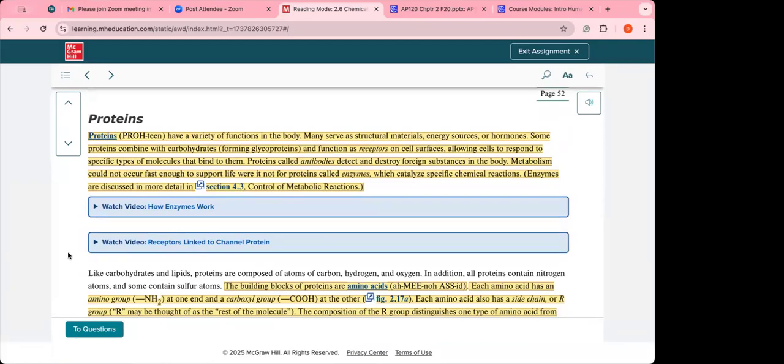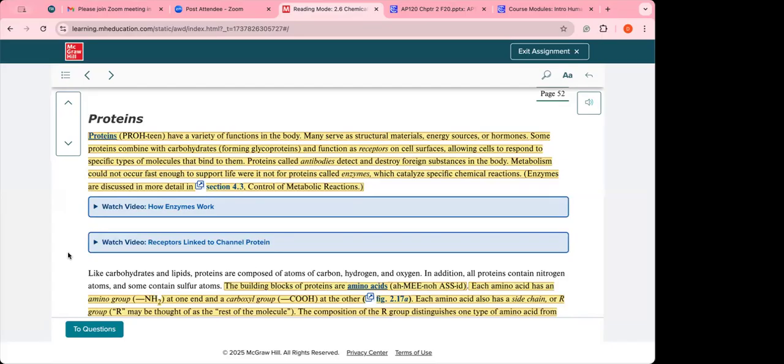Many are structural materials, energy sources, or hormones. Some combine with carbohydrates, forming glycoproteins, and function as receptors on cell surfaces. Okay, so we got that. So they function as cell receptors.